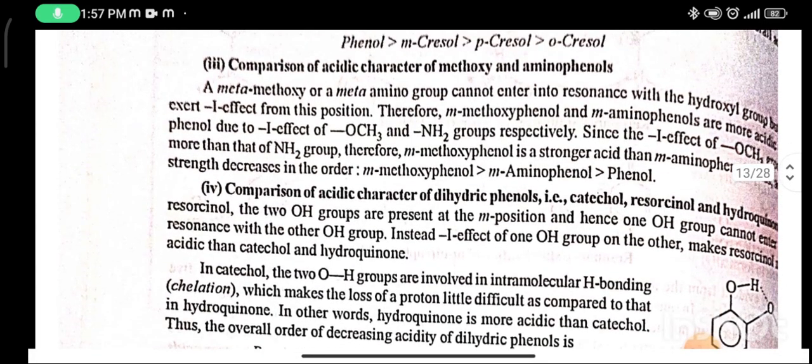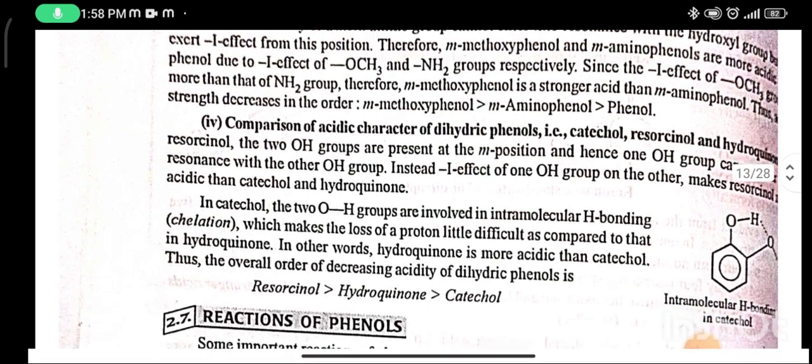Comparison of acidic character of methoxy and aminophenols. A meta-methoxy and a meta-amino group cannot enter into resonance with the hydroxy group, but exert a -I effect from this position. Therefore, meta-methoxyphenol and meta-aminophenol are more acidic than phenol due to the -I effect of OCH3 and NH2 groups respectively.